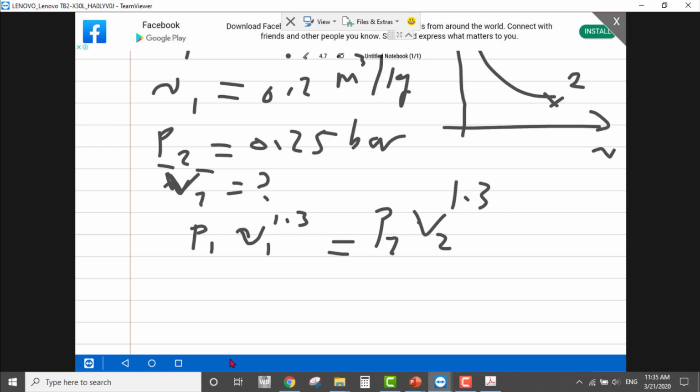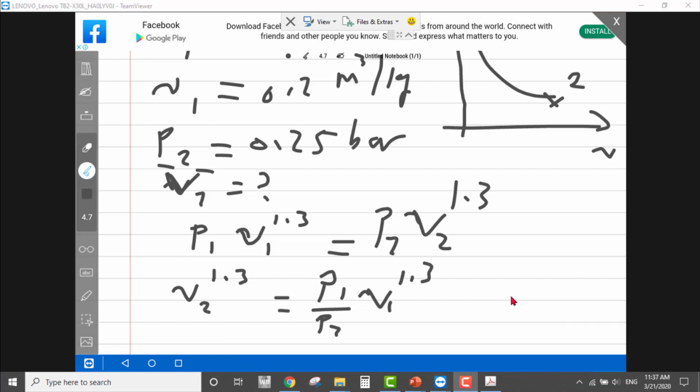V2 is the needed quantity, so v2 to the power 1.3 equals P1 over P2 multiplied by v1 to the power 1.3.